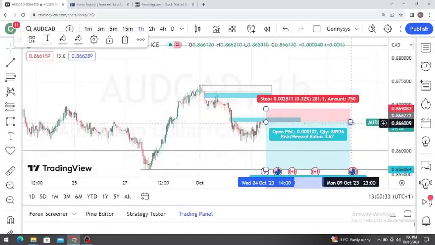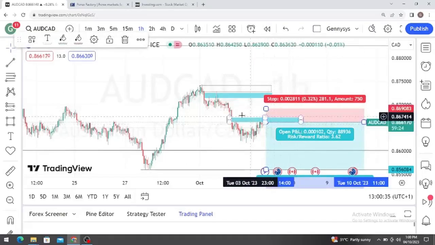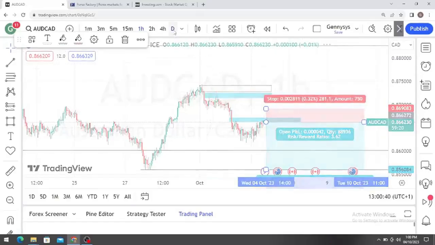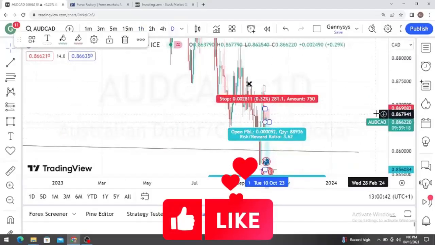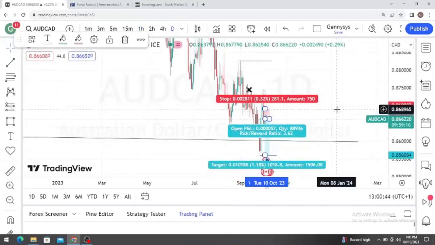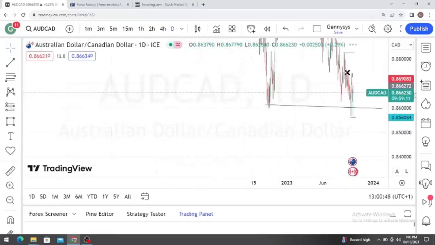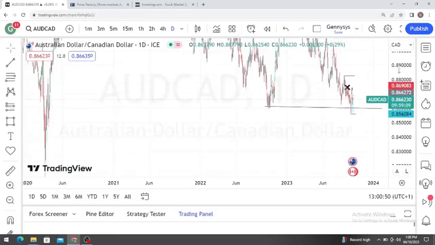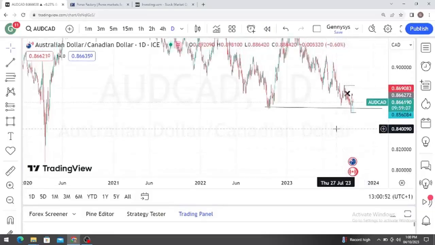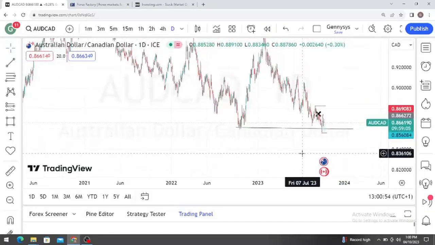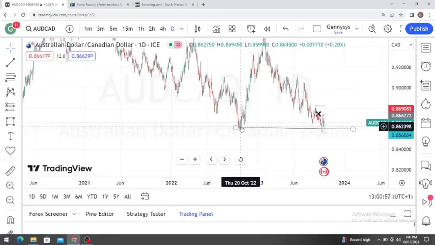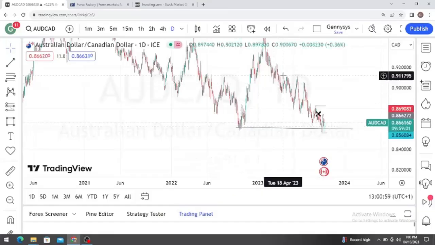But here's what I'm going to do. Now that I've dropped down and used this as my entry, I'm going to go back to the daily and use the daily structure to set my take profit. Well, we're already at the end of the structure.